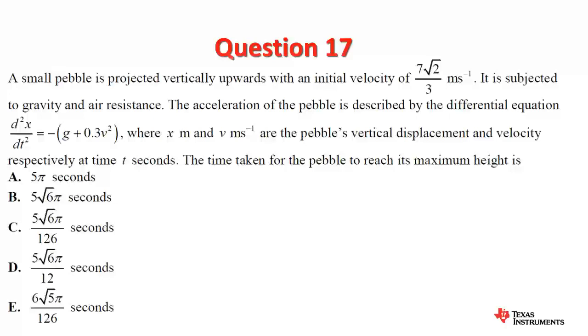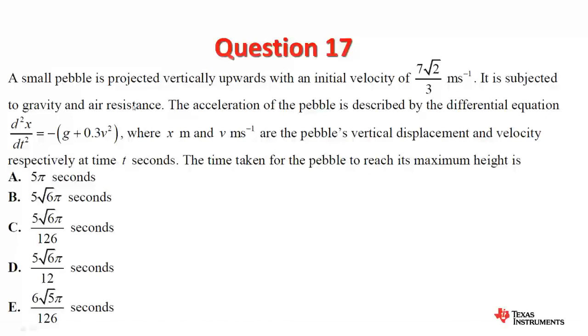It's then subjected to gravity and air resistance, and we're given a differential equation for the acceleration of the pebble. That's given to us as d²x/dt² equals negative g plus 0.3v². We want the time taken for the pebble to reach its maximum height. Now this can actually be solved as a differential equation because d²x/dt² is in fact dv/dt.